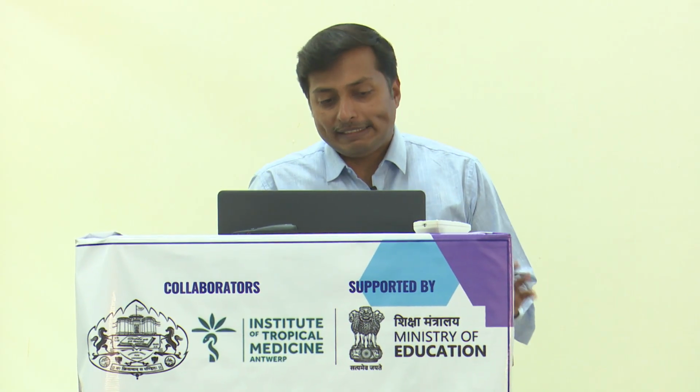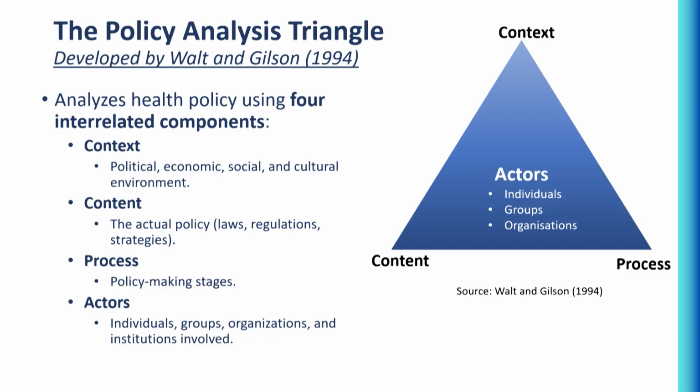So Walt and Gilson gives us this very interesting framework called the policy triangle to do any kind of policy analysis. They talk in terms of the four interrelated components: context, content, process, and actors. Context could be the political, economic, social, and cultural environment.